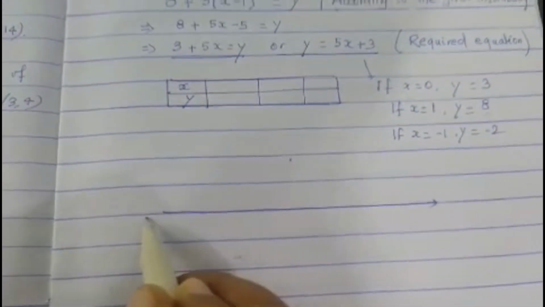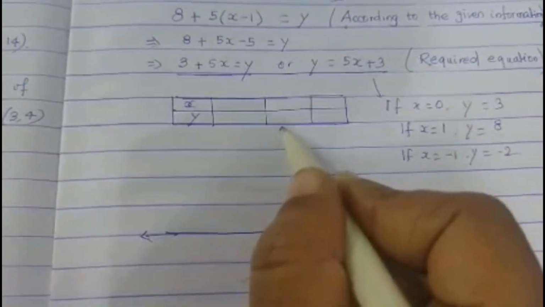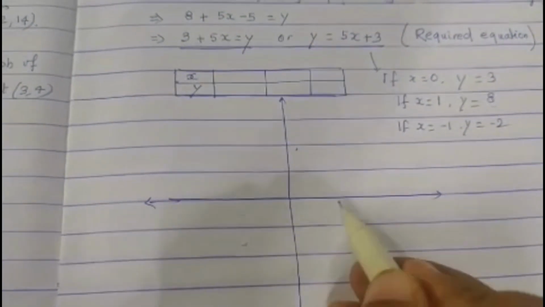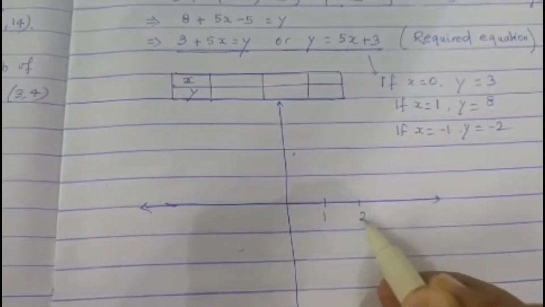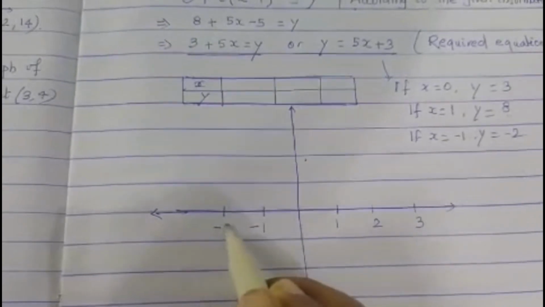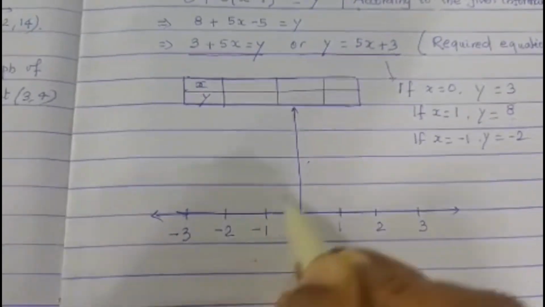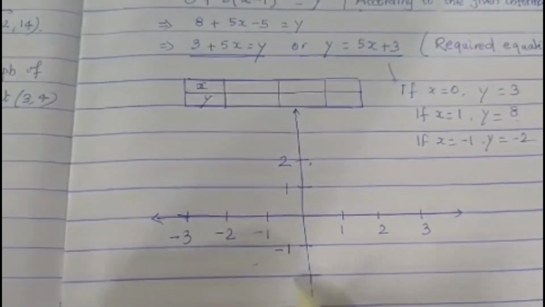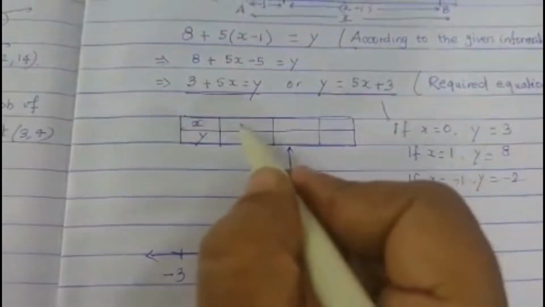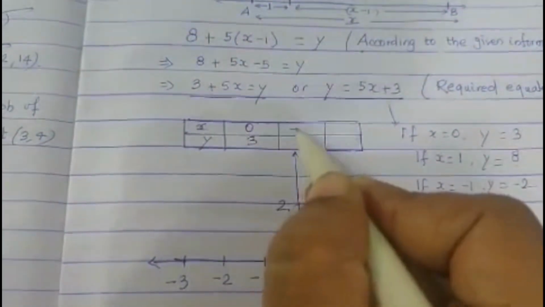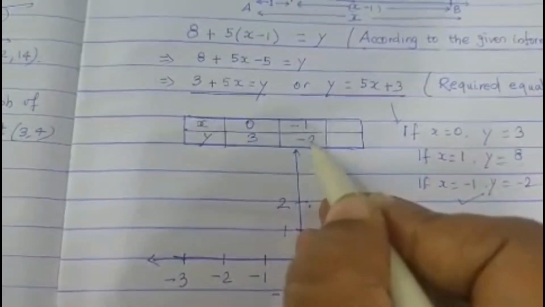Okay, now we will plot the graph here. This is 1, this is 2, this is 3, this is minus 1, this is minus 2, this is minus 3, and the same on the other axis. The first point was 0 and 3, and the second is minus 1 and minus 2.